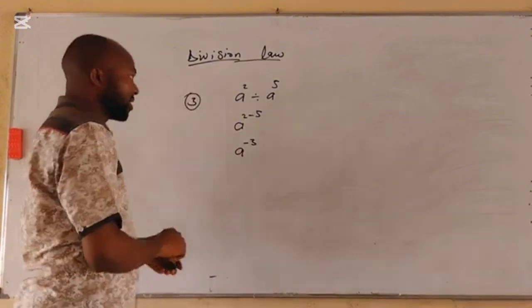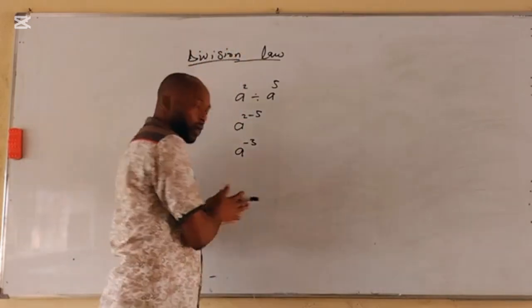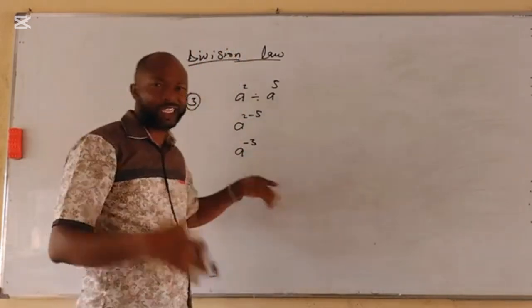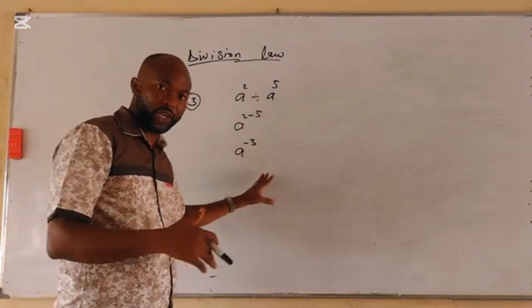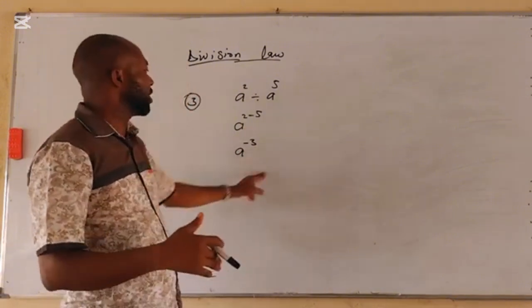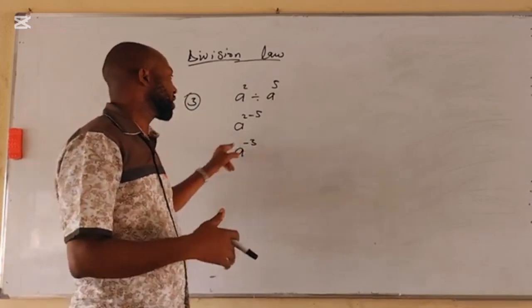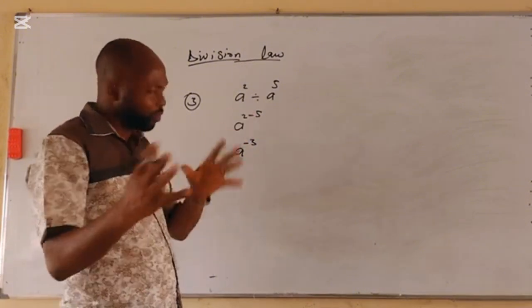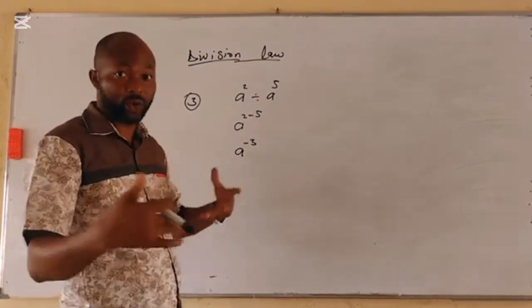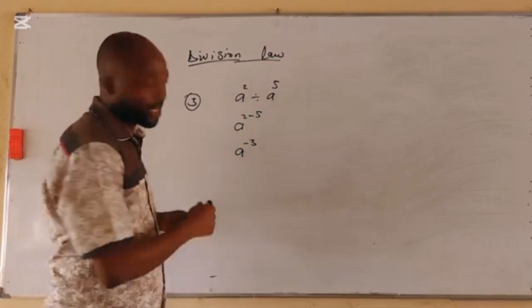Now, because we are still in division law, I cannot solve it further. Let's presume we do not know more than this, so we stop here. But this is found in the negative index law. When we get to negative index law, you understand that the answer doesn't end here. We're supposed to move a step further. But we're going to be patient till when we get there. We see how we're going to go through that. So for the time being, this is our answer, right?